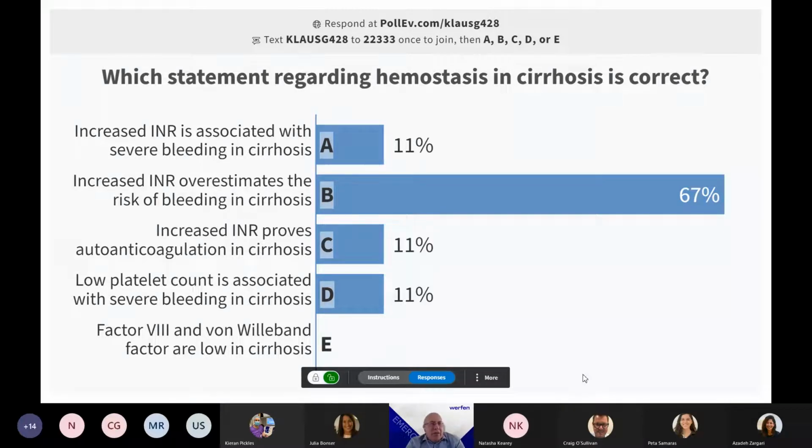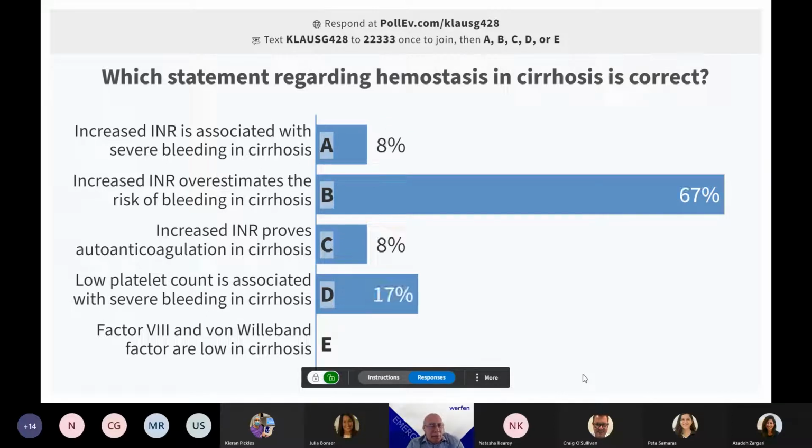Yes, the majority, that's something I would agree, and we will discuss later, that increased INR usually overestimates the risk of bleeding in cirrhosis. And even if you look at multiple guidelines, if it's the ESA guidelines, or the guidelines from gastroenterology and hepatology, more or less they agree that an increased INR in cirrhosis is a marker of the severity of the disease, but it's not a marker of severe bleeding.